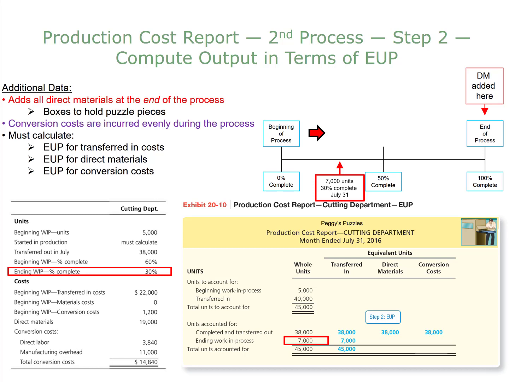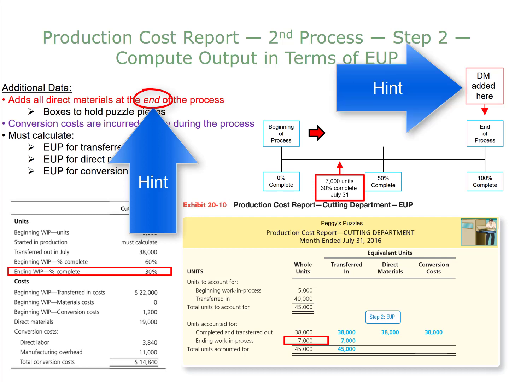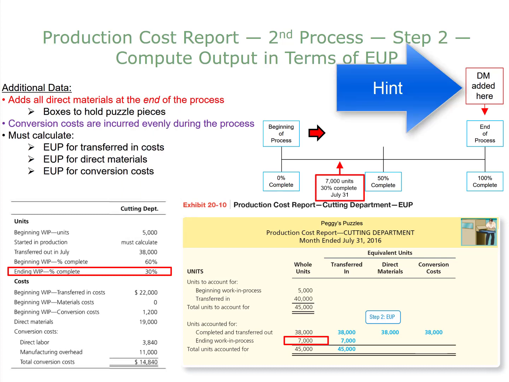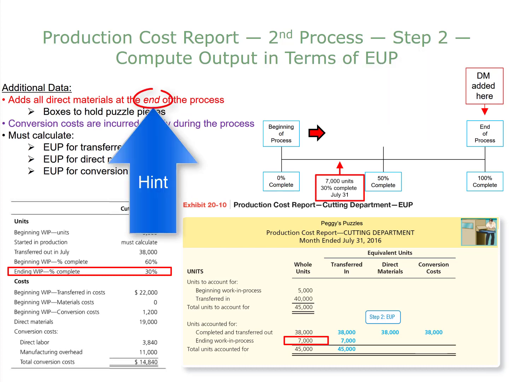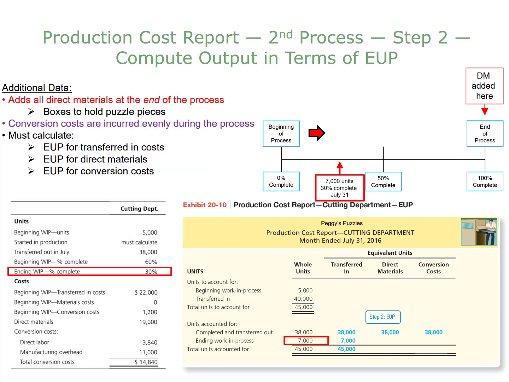For direct materials, at what point in the timeline do the direct materials get added? You can also think of the timeline as a conveyor belt with a starting point on the left and the puzzles moving to the right. Remember, our additional data says the direct materials are added at the end of this department's process. So the question is, of these 7,000 unfinished units, what percentage of them have had the direct materials, which is the box, added to them?